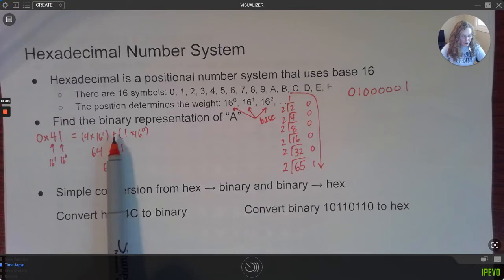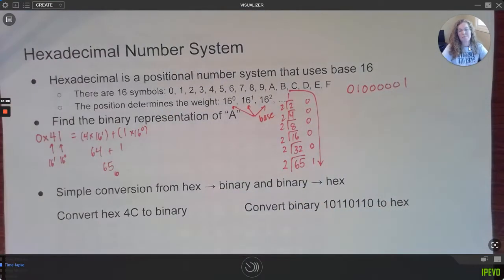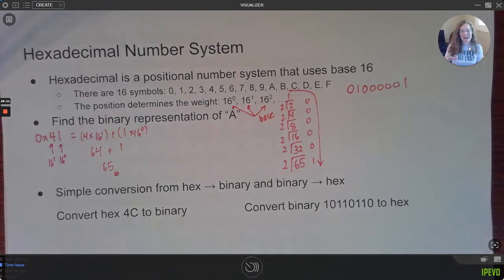And if I had the decimal, I could skip this step and I wouldn't have to do this long thing. And it might seem at first thought that that's a good idea, but this is a very slow way to convert from hexadecimal to binary. We don't actually have to go through the decimal if you know the simple, fast trick of converting between.